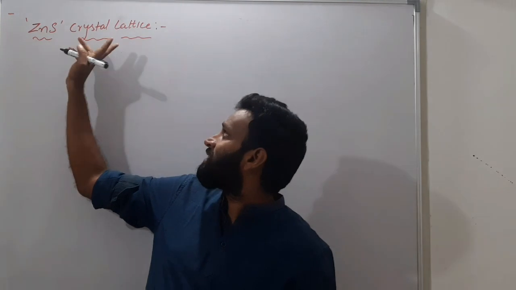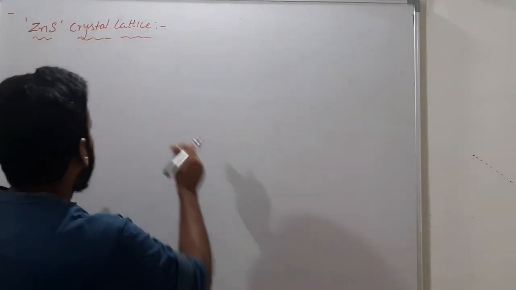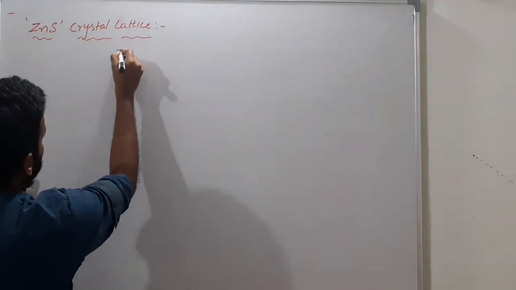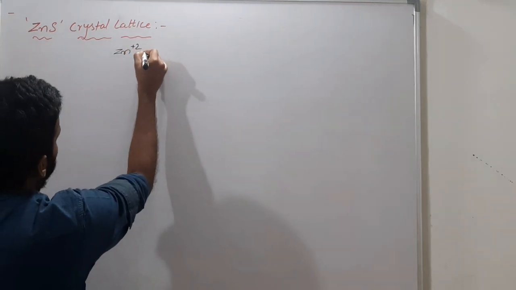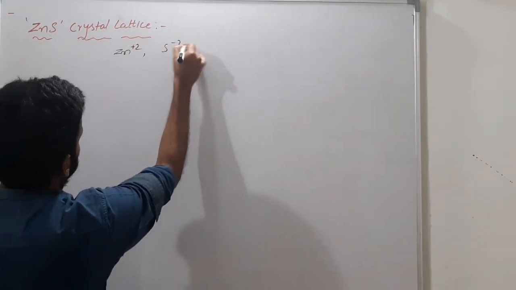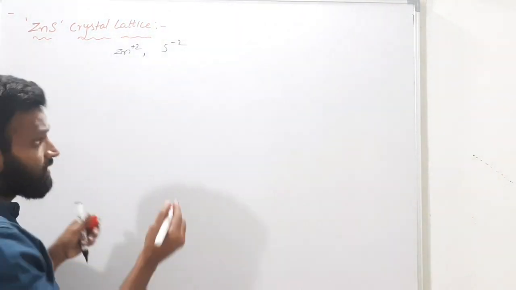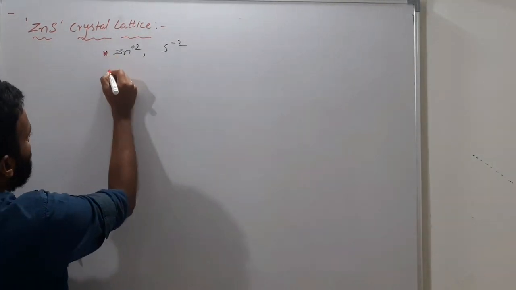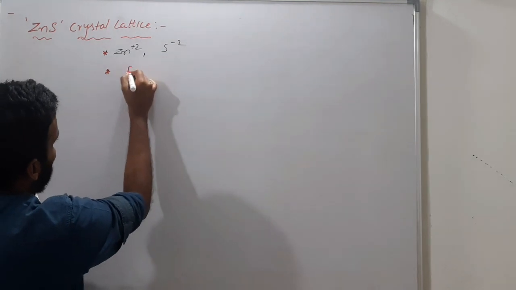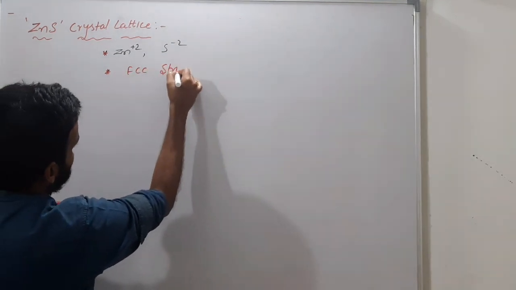There is the ZnS crystal lattice, zinc sulfide. Zinc sulfide exists as Zn2+ and S2-. And one more thing, this has an FCC structure.